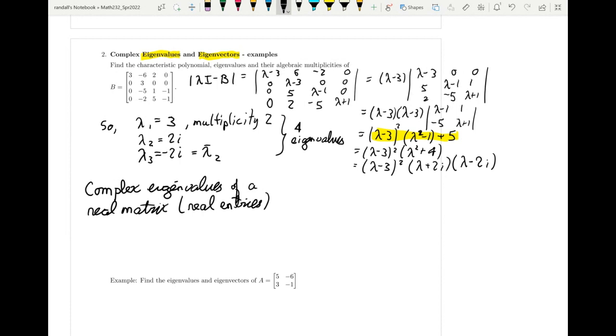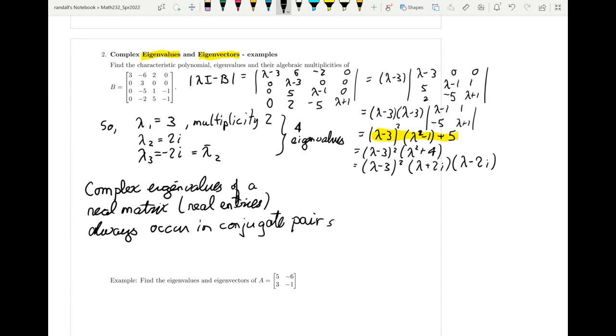Okay, so that's a general fact for real matrices.